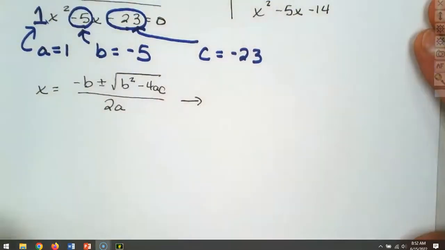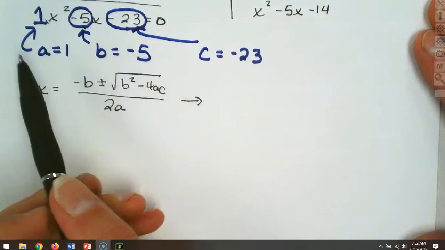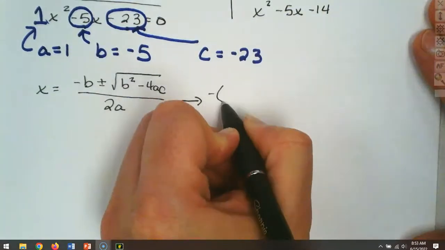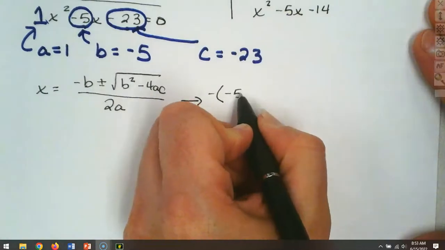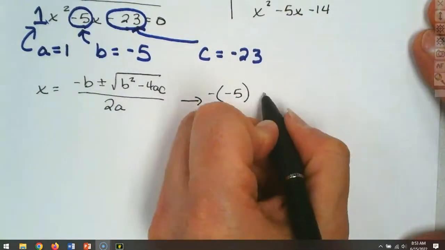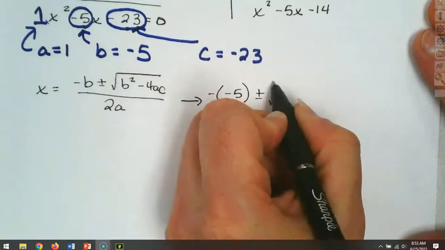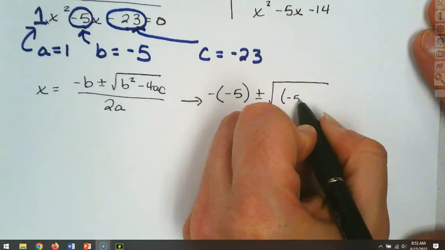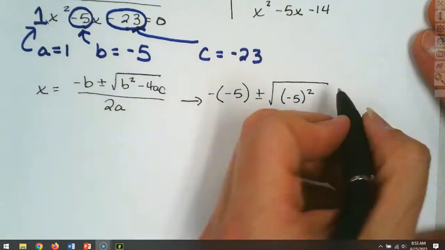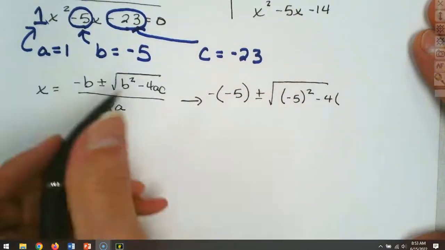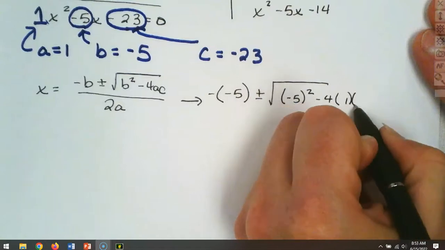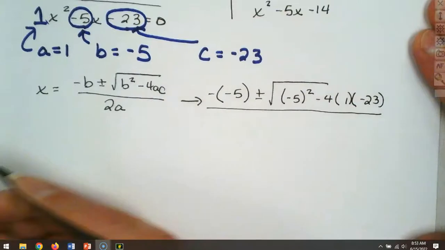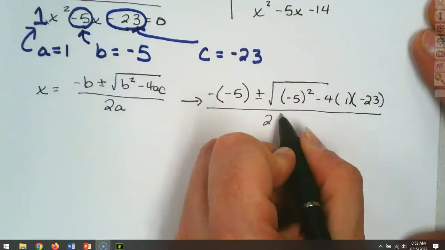See what we've got. Watch out again for double negatives. If there's a mistake, a lot of times it's in that double negative. So we have a minus minus 5, and we have a plus or minus, and then we have the square root of minus 5 squared minus 4 times a, which is 1, times c, which is a minus 23, and that's all going to be over 2 times 1.